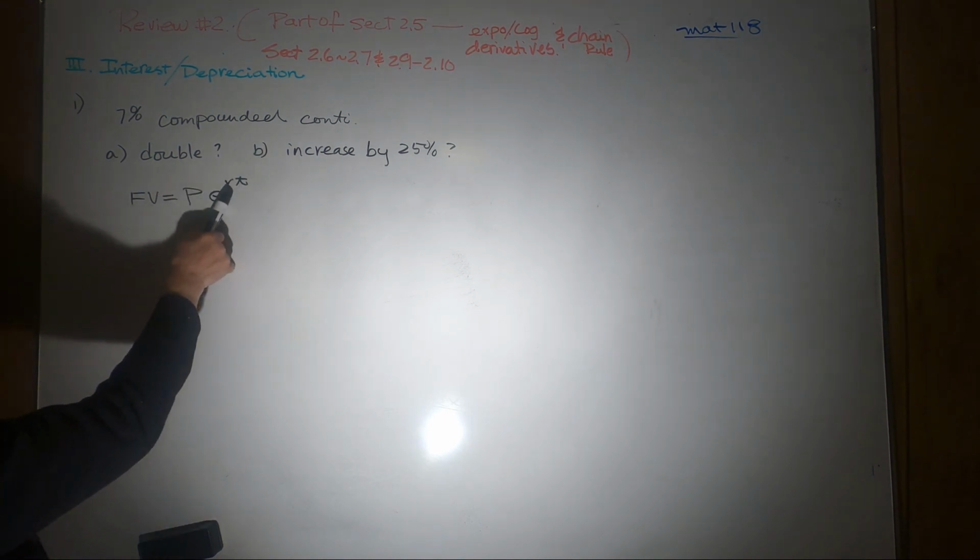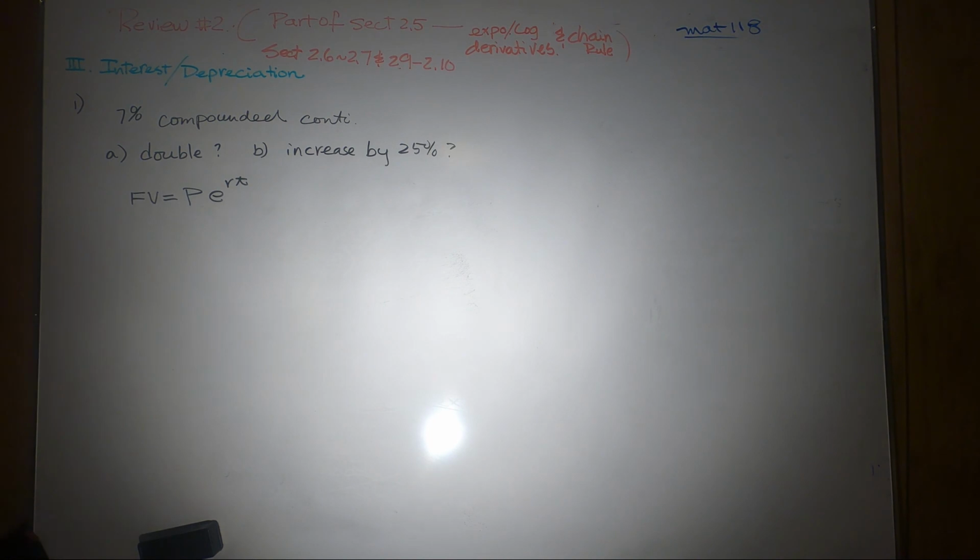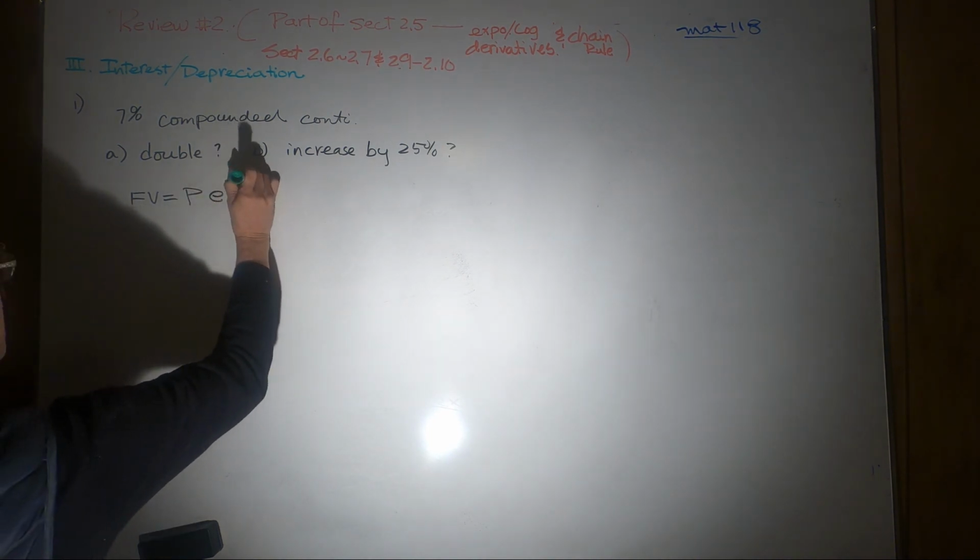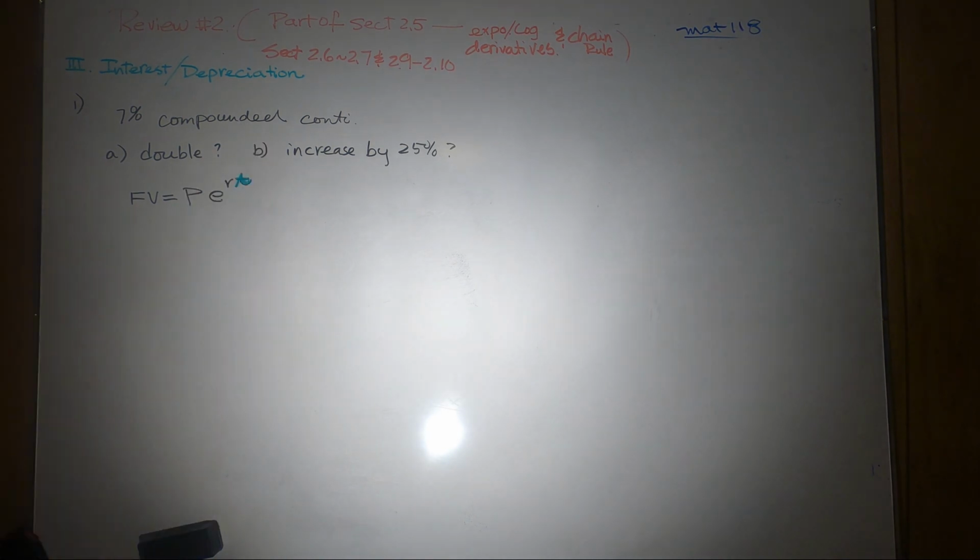R is your annual rate, T is your time, and T is your variable. If your variable is in the exponent position, that means you have an exponential function. When will it take you to double your money? And when will it take you to have a quarter more of the money?